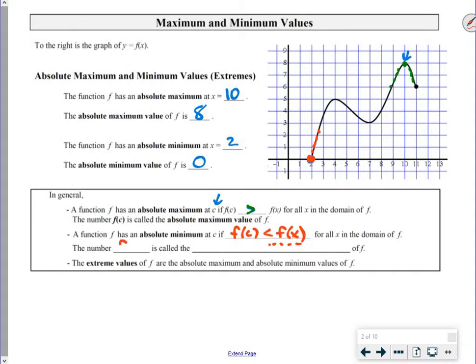The number f at c is called the absolute minimum value of f. The extreme values of f are the absolute maximum and absolute minimum values of f.